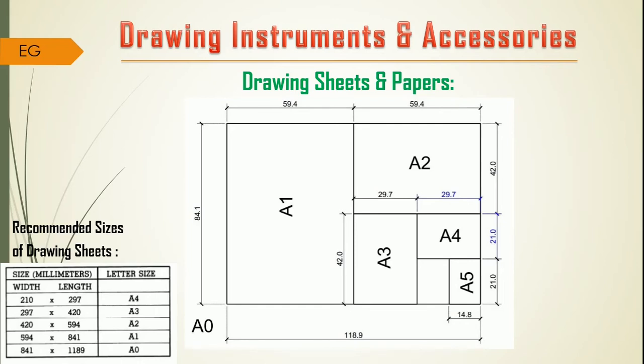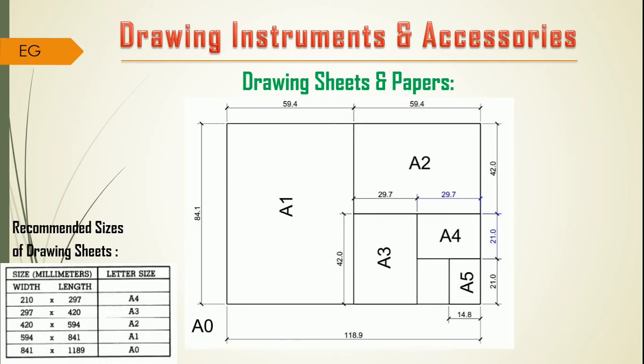An A0 size sheet has dimensions of 841 mm by 1189 mm. If you cut that sheet exactly at the middle, you get two sheets of A1 size, with dimensions 594 by 841.